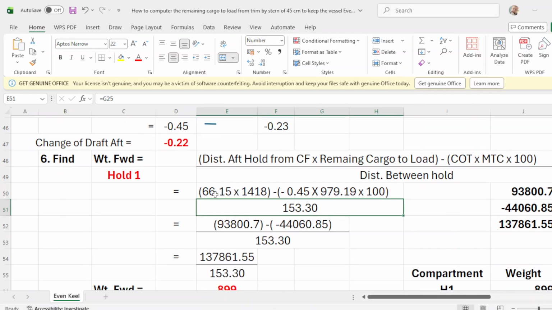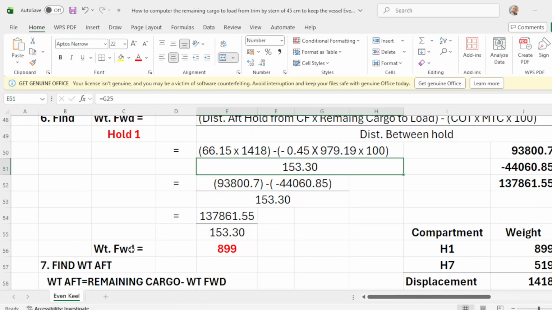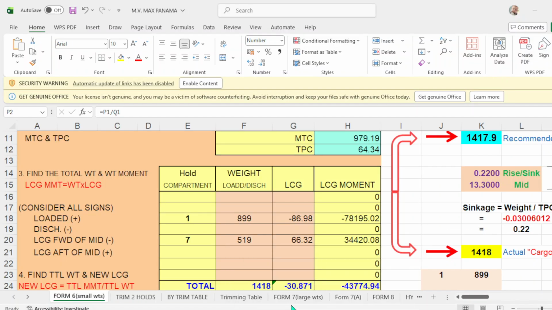And the value of this equation is 91980.7, and the value of this equation is negative 4406, and you minus these two figures, and the answer would be 137861.55 over your distance between holds, and the weight forward, hold number 1, is 899. Okay, that is going to load in hold number 1.